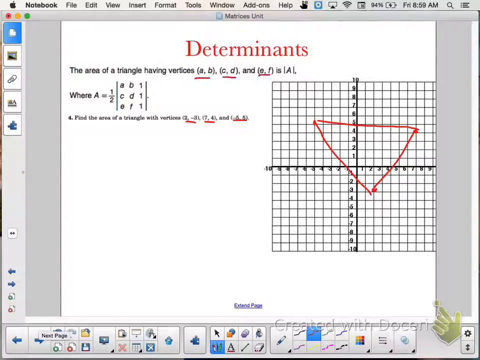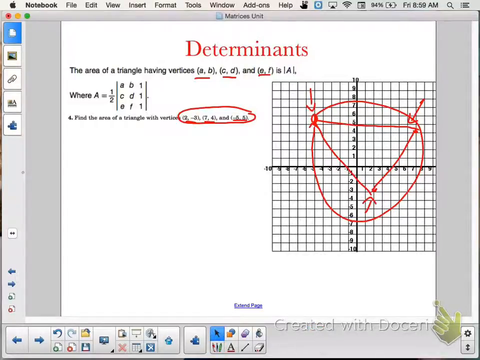If they're given to you in this order, go ahead and do them in this order. If you just get a graph that looks like this and you have these points, I would start over here and go around this way. Go in a clockwise direction for all of your points. It shouldn't matter which one you do, but that's what I would suggest.